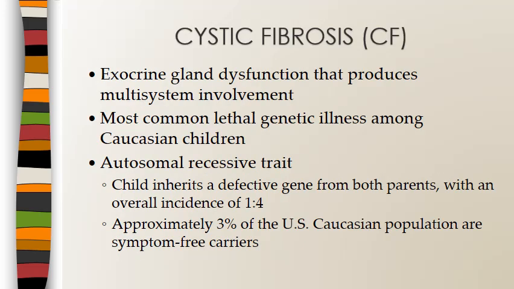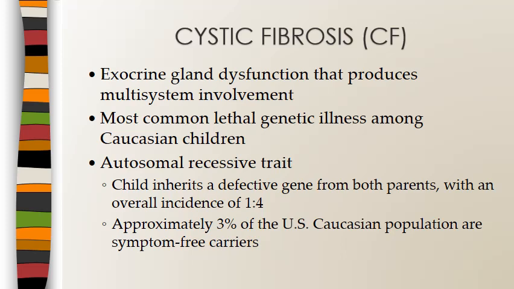So now we're going to talk about cystic fibrosis, or CF as a lot of people refer to it. Children that have CF do have exocrine gland dysfunction that produces multi-system involvement, and we're going to talk about each system that is involved with these children. It is the most common lethal genetic illness among Caucasian children.